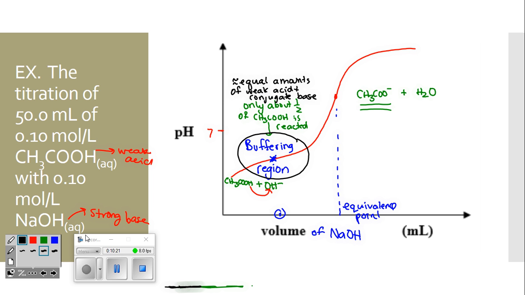Right? Because about half of my acid has reacted, and I know when it reacts, it's going to make its conjugate base. Now, does anyone want to ask any questions about what is happening in that buffer region right there?